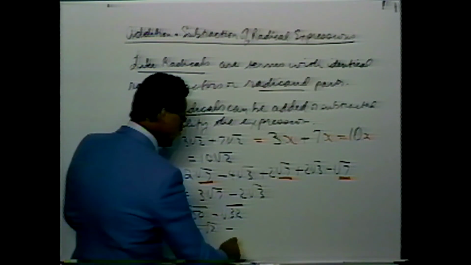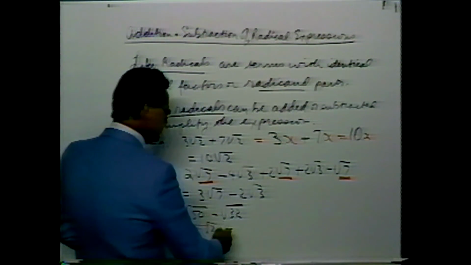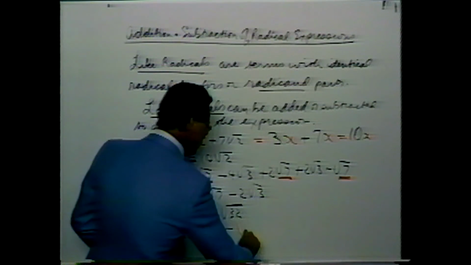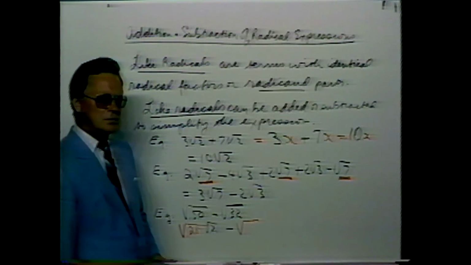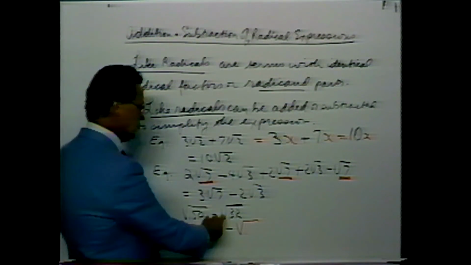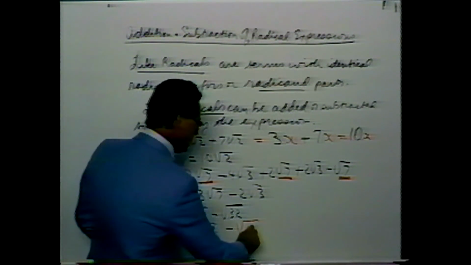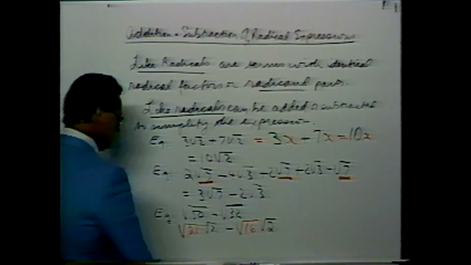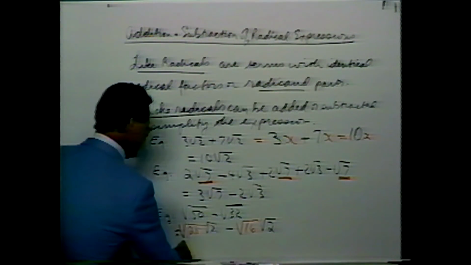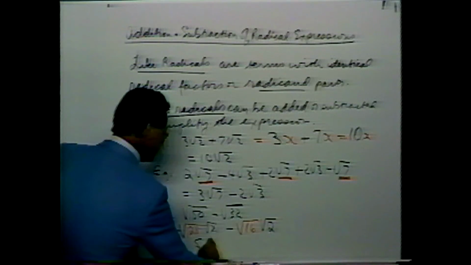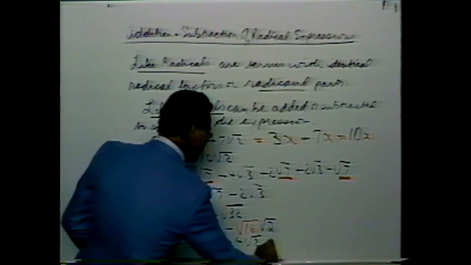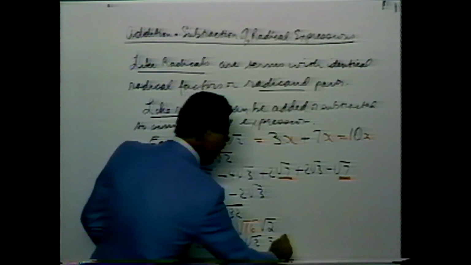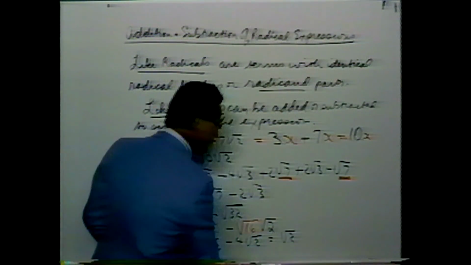Now look at the square root of 32 and notice that it also has a factor that's a power whose exponent is a multiple of the index 2, and that is the square root of 16. This then is equivalent to 5 square root 2 minus 4 square root 2, and this amounts to simply 1 square root 2, or simply root 2. The next topic is division by radicals.